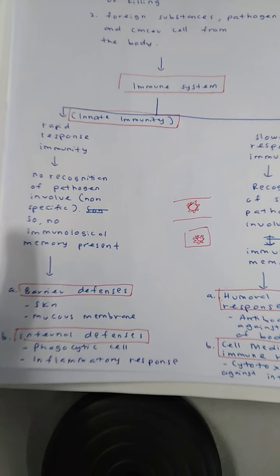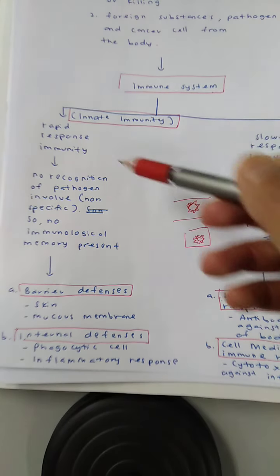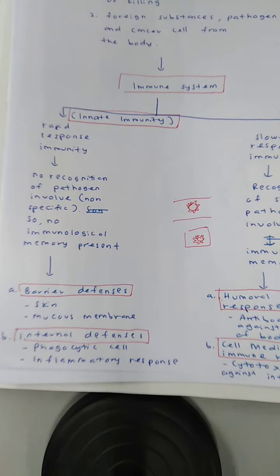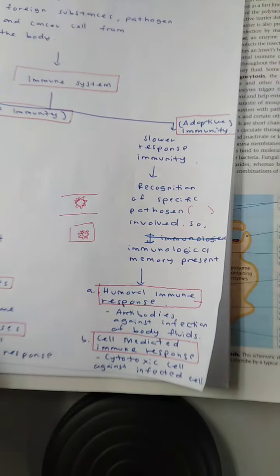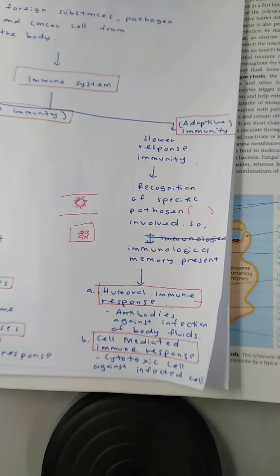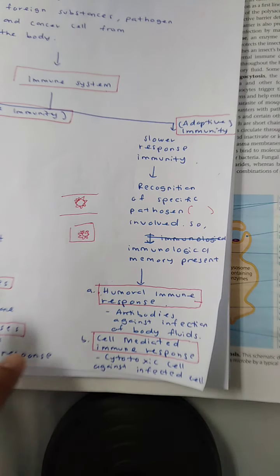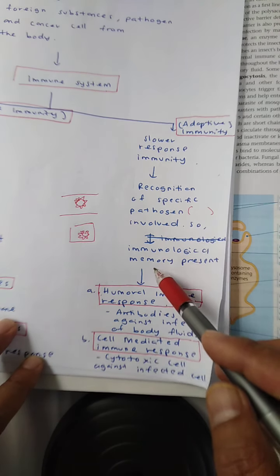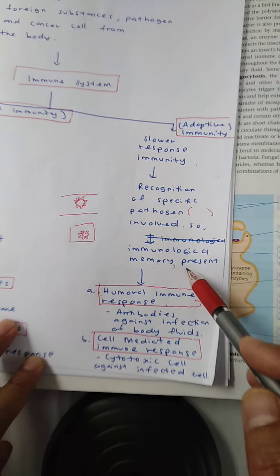Even though it is a rapid response immunity, innate immunity does not produce any immunological memory. Even though adaptive immunity is a slower response, it produces the immunological memory. This is very important to avoid second exposure of the same antigen.